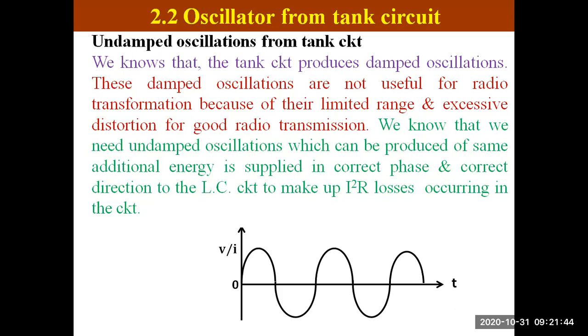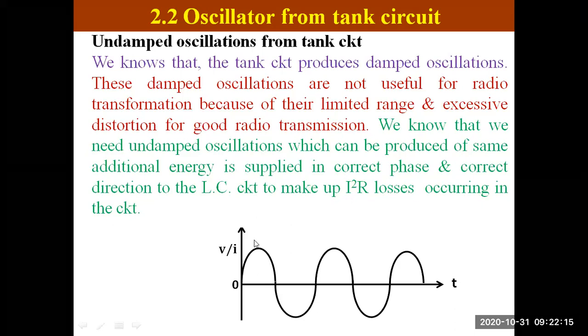Also, how can we produce the undamped oscillation? We need undamped oscillation, which can be produced by adding some energy in correct phase and correct direction in the LC circuit, so that this I squared R loss does not occur in the circuit. And we get this oscillation. This is the undamped oscillation.